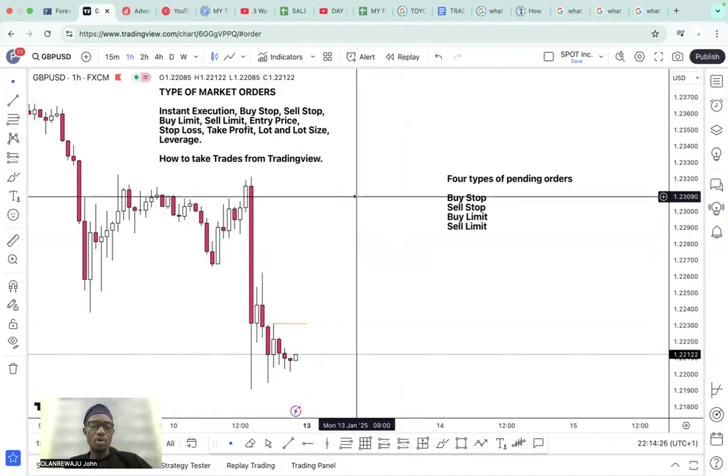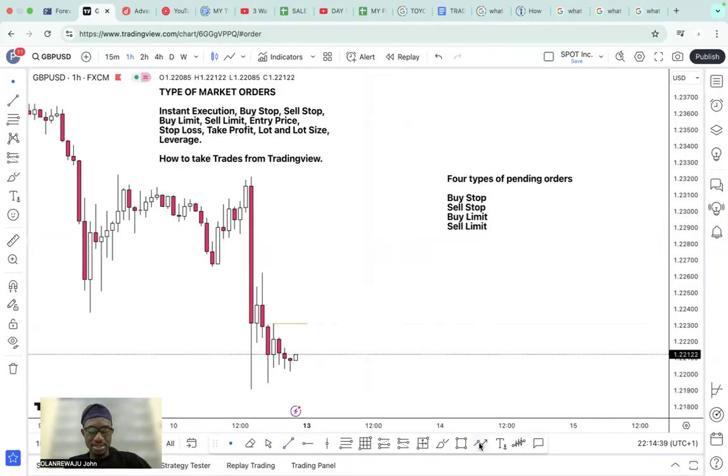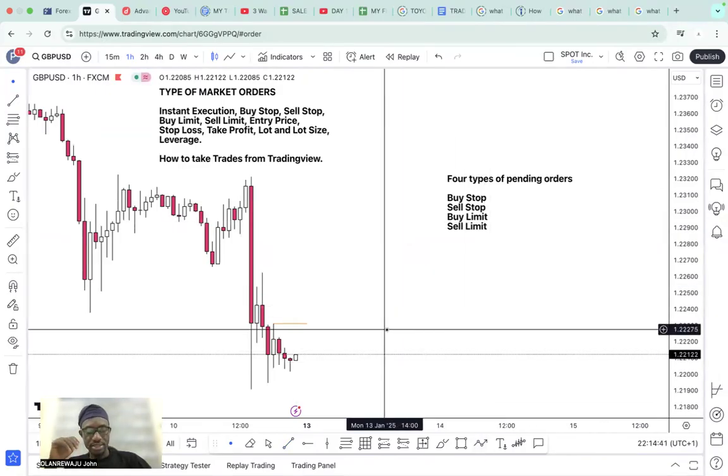So a buy stop order is to want to buy an asset at a price that is currently higher than the current market price. Let me take that again. To buy an asset at a future price that is currently higher.